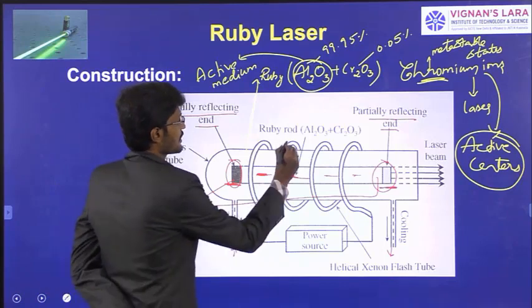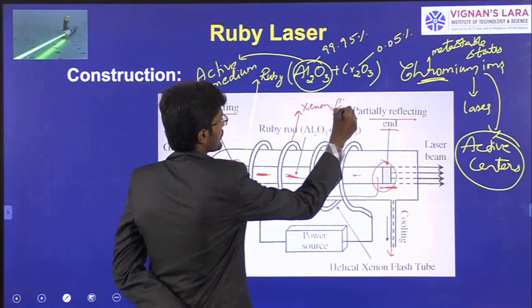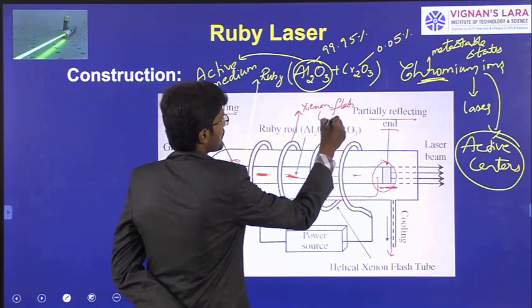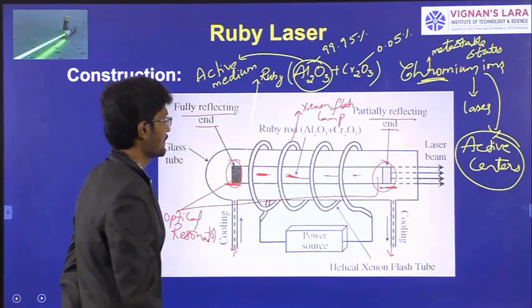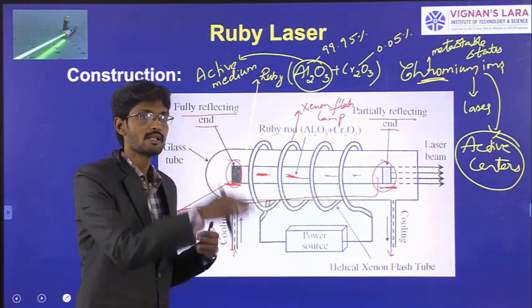This is surrounded with a flash lamp in helical shape. This is a xenon flash lamp, which is in helical shape, and it surrounds the ruby rod.